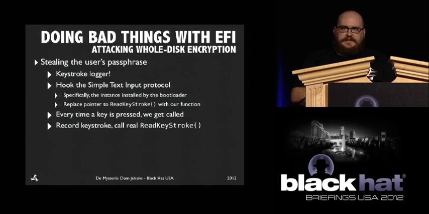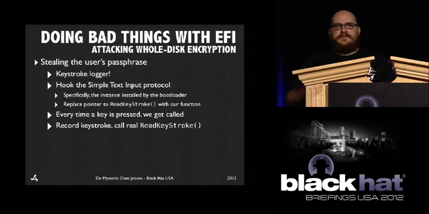The one problem with that is that when we get loaded during the DXE phase, the instance of the Simple Text Input Protocol that's installed on the console handle at that point is not the same one that's used to receive keystrokes for the passphrase entry screen. So what we need to do is register for protocol installation events within EFI.